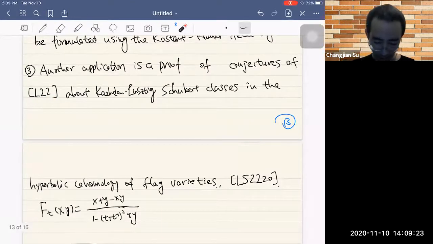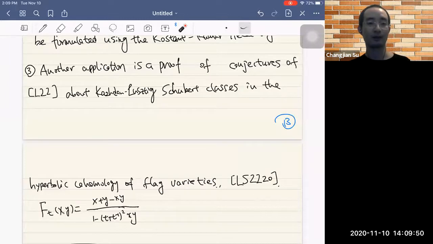So what they conjecture is the following. They studied this hyperbolic cohomology of the flag varieties associated to this formal group law. It is well known in Schubert calculus that in this cohomology the Schubert class is not well defined.